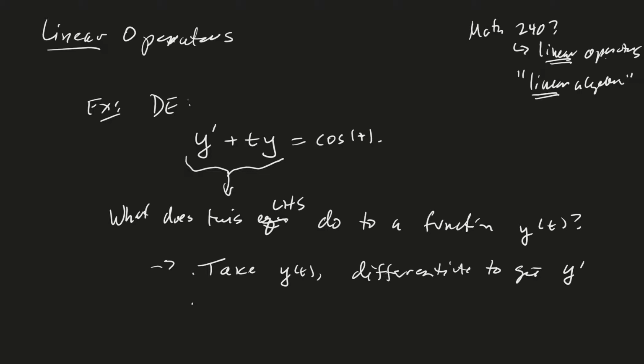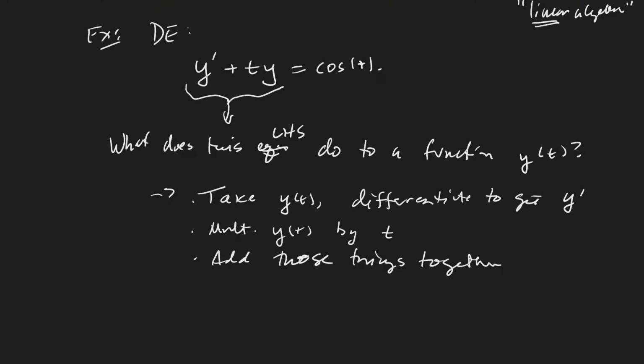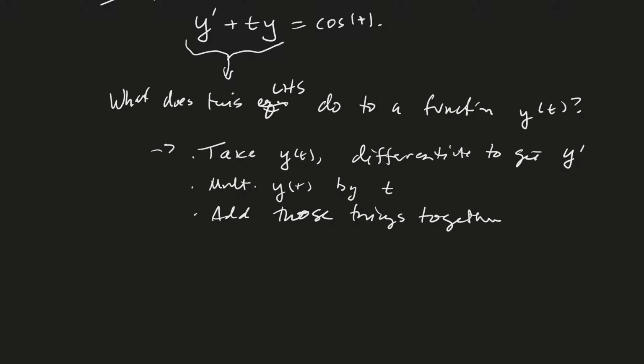Then secondly, we're going to multiply y of t by t, and then we add those two things together. So in other words, what I'm doing to y in this operation is that the differential equation, the DE, is performing these actions to a function y, right?